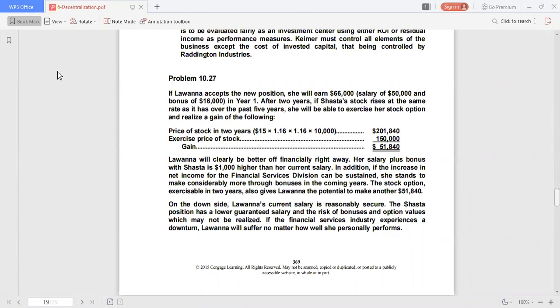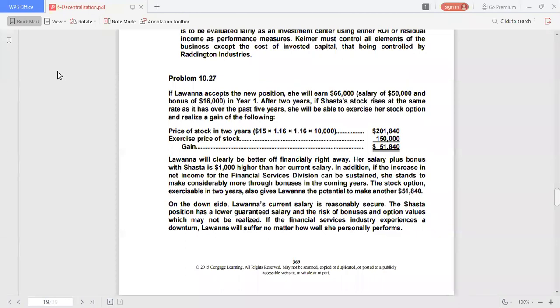Okay, so what are now the requirements? Advise Lawana on the relative merits of the Shasta offer. If Lawana accepts the new position, she'll earn a salary of 50,000 and a bonus of 16,000 in year 1.